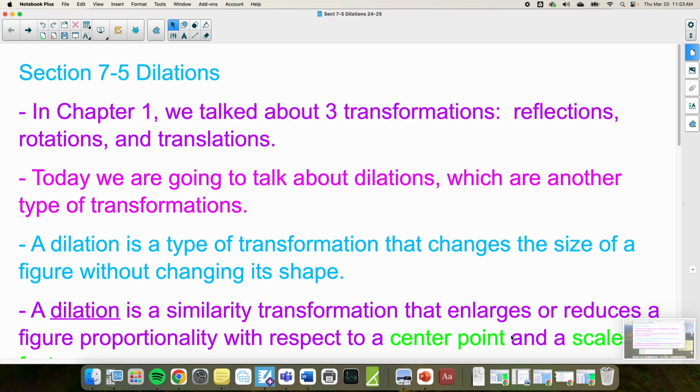So we're gonna work on something called dilations today, and I made them full page just because you guys are gonna be drawing the dilations on graphs.